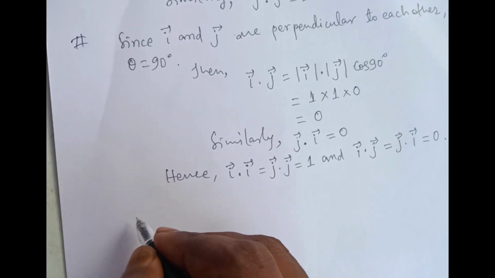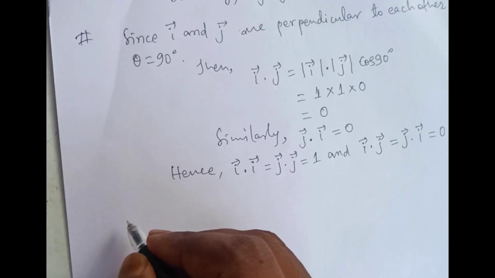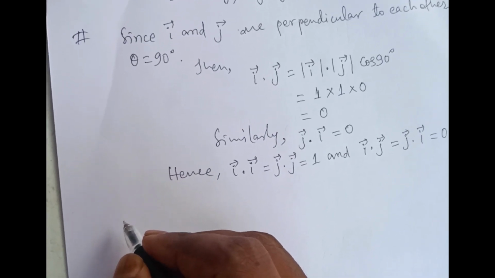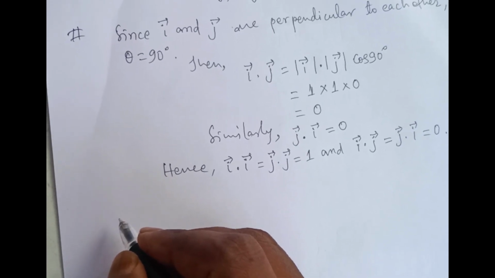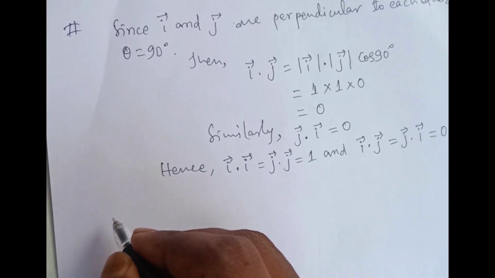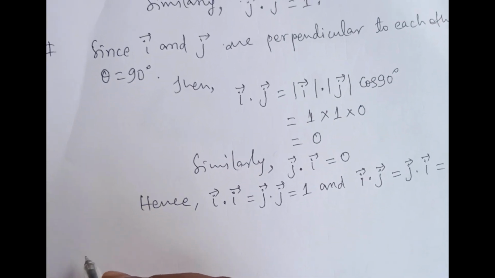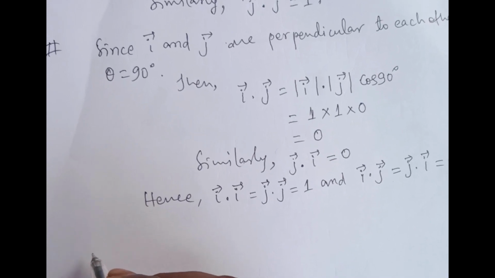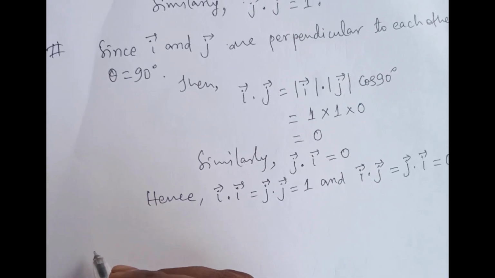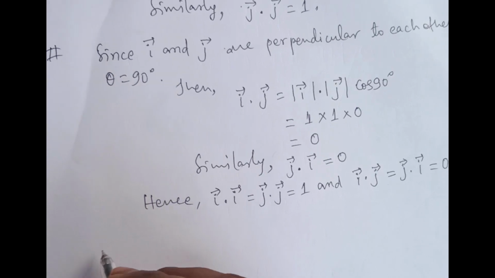Now let us define an alternative method to define the scalar product of two vectors.